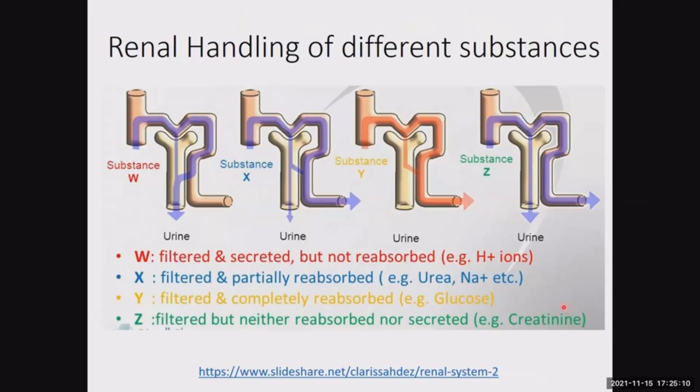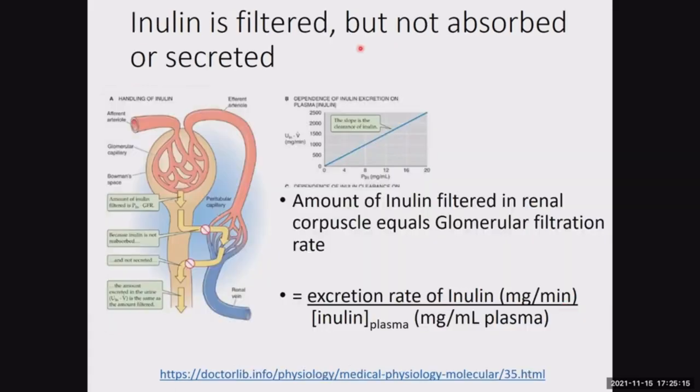Another example similar to creatinine, that is filtered but not reabsorbed and not secreted, is inulin. So we can measure the concentration of inulin within the urine and use that in relationship with the concentration of inulin within plasma.